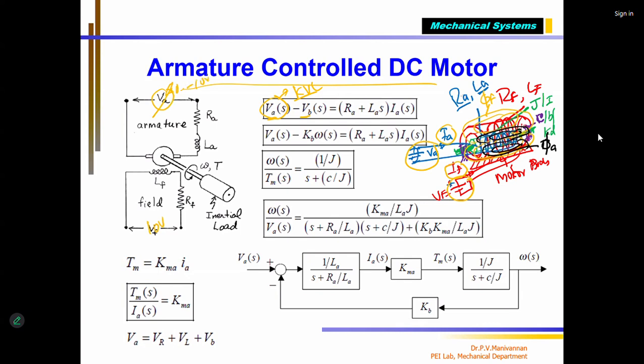Okay. Then VB is called the back EMF voltage. VB is called a back EMF generated in the armature coil. Why is this created in the armature coil? Because the armature coil is rotating inside the field coil.